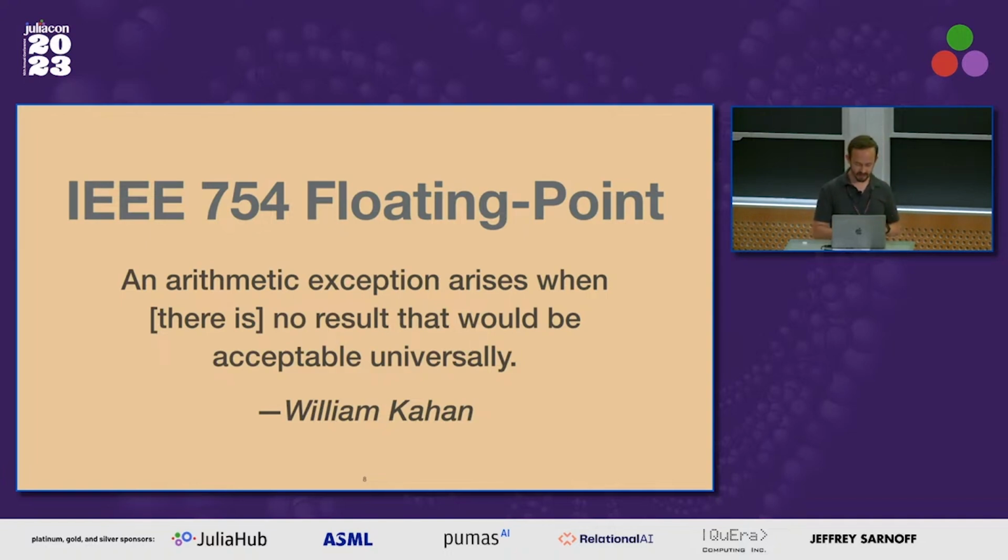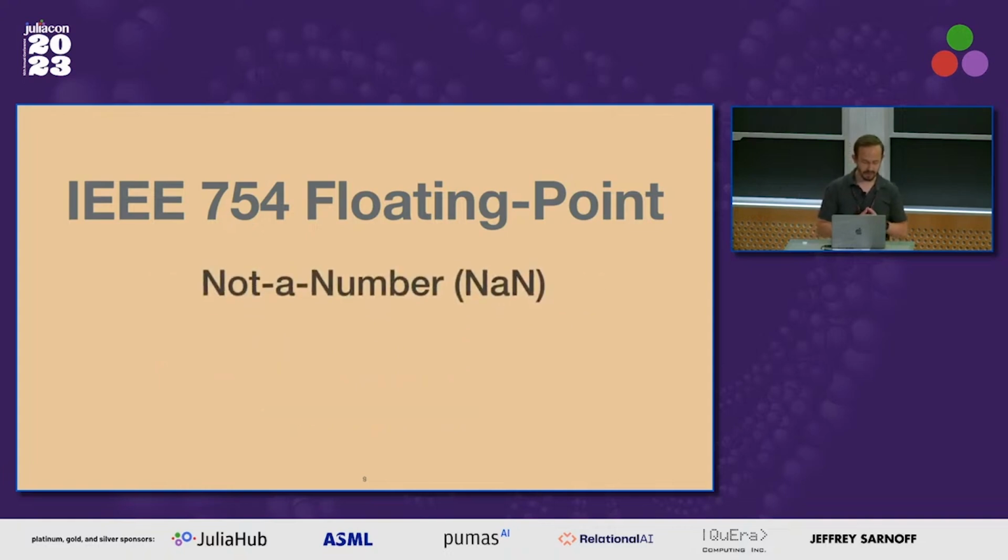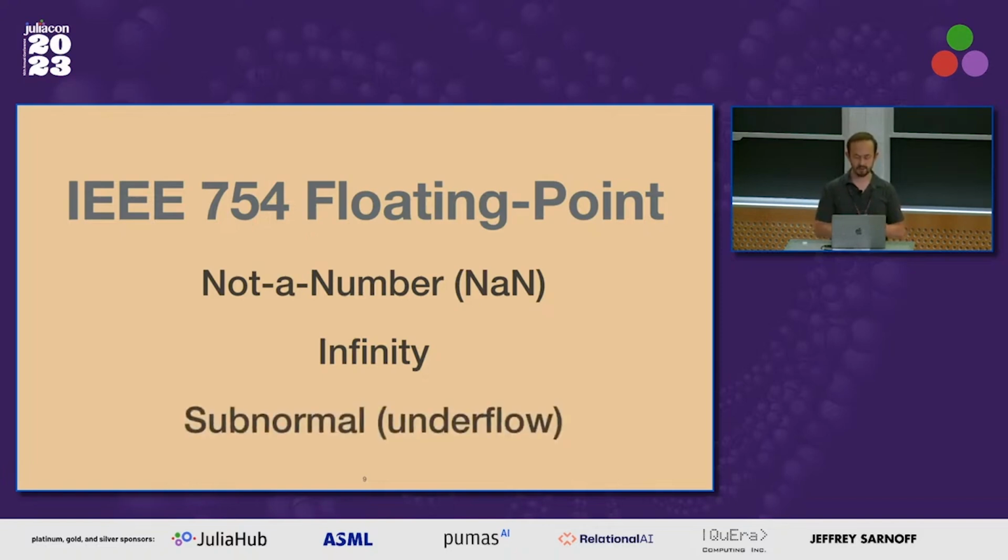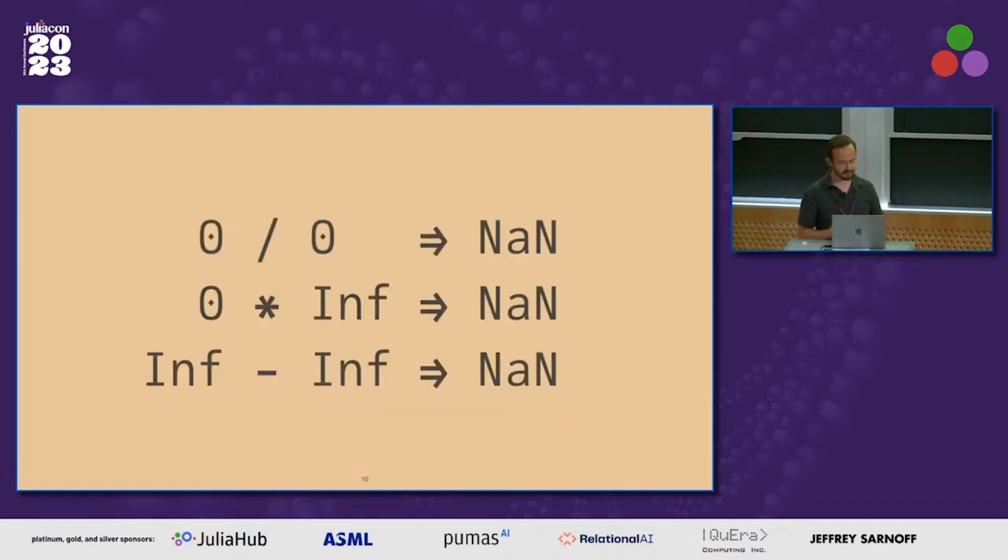So let's look at what the exceptional values are that we have. There's NaN, what we've seen before, not a number. There's infinity, which is what we get when we exceed our representation capacity, and subnormal values when we underflow. In this talk, though, we're going to be focusing on inf and NaN. Let's drill into NaN.